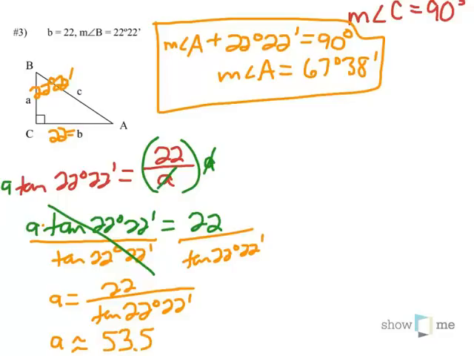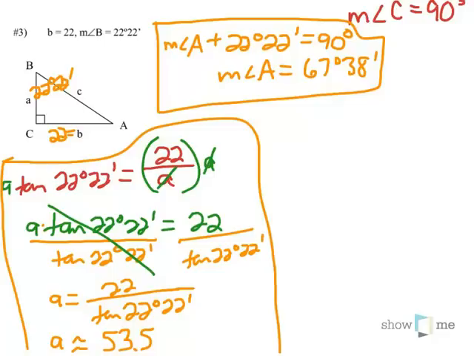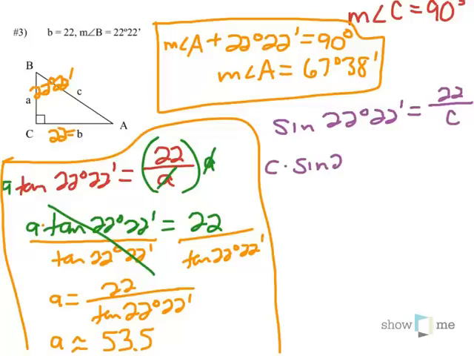To figure out what C is, we could use sine. Sine of our acute angle, 22 degrees 22 minutes, equals the opposite leg, 22, over the hypotenuse, which is C. You multiply both sides by C to break the fraction apart on the right, and then divide both sides by sine of 22 degrees 22 minutes.